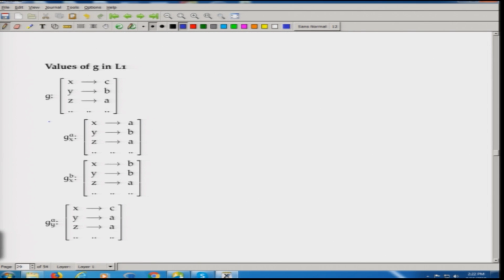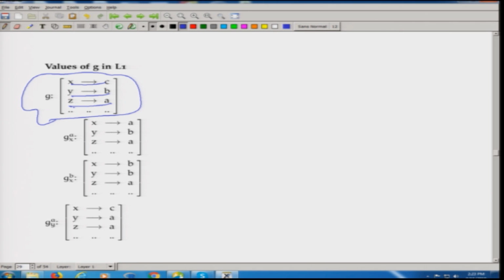Okay. So, we go to the next slide. This is our initial G. G has many varieties, every variety of G is a G prime rather, but G prime has got a starting point, that is this, which assigns C to X, B to Y, A to Z. Look, it is a random thing, it could be something else, but we have chosen this G. It does not matter what we choose, we shall see that it does not matter, it could be anything.